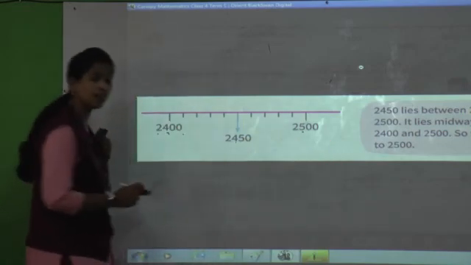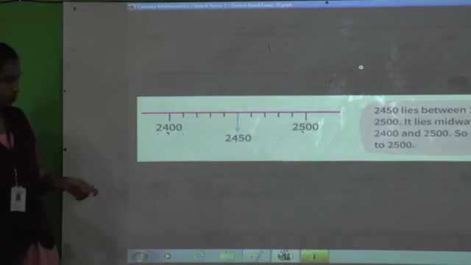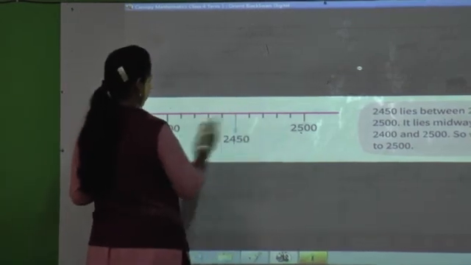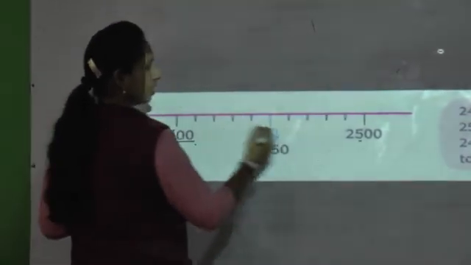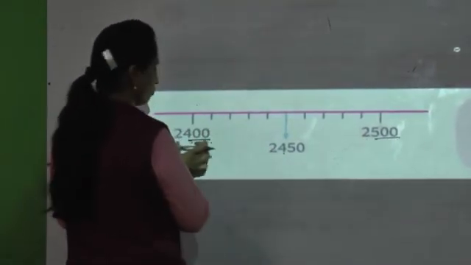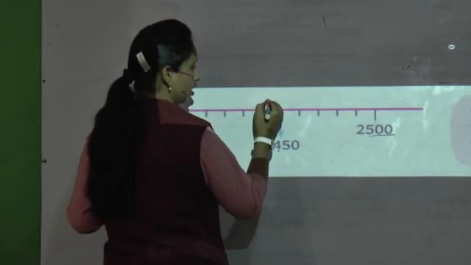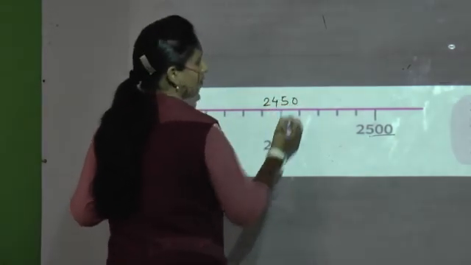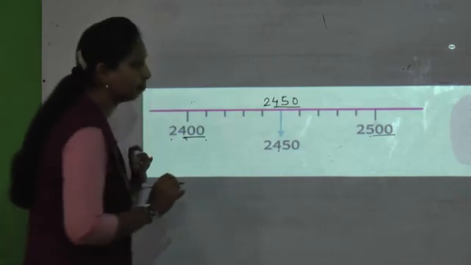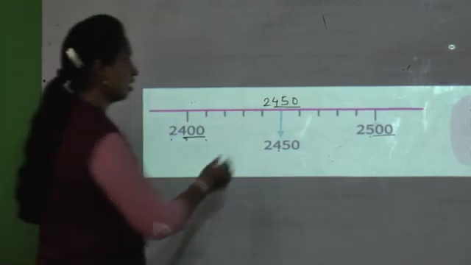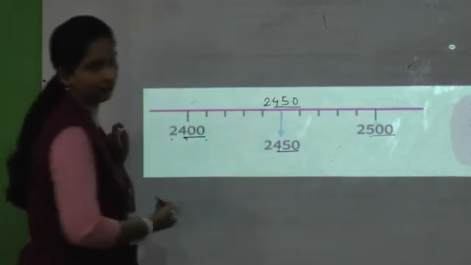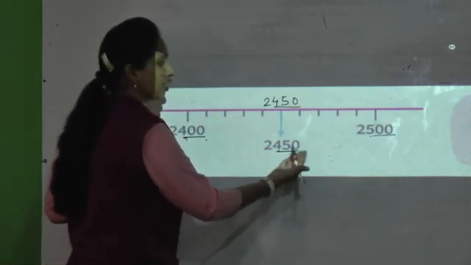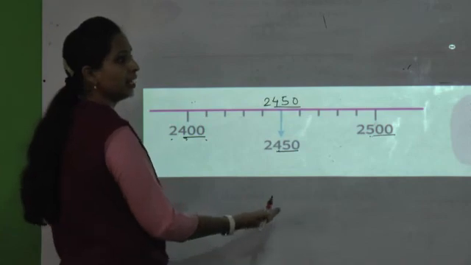So 2500. Now what is the midway number of these both? Let me write first. 2400, 2500, 400 and 500, between them 450 will come. So 2450, 450, 100 place. Now see, 450, 450. Now you can see the number 2450 is a midway number.